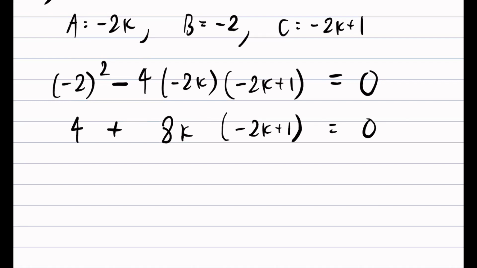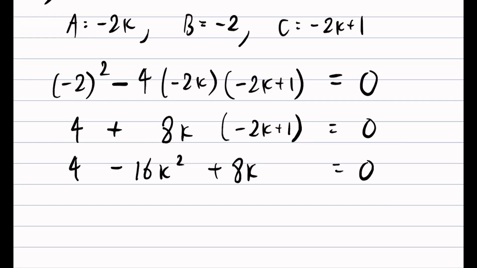Notice this time it is an equation. I think you know how to solve this kind of question. Quite easy, a quadratic equation, not an inequality, nothing new. So 4 plus 8k times minus 2k, you get negative 16k squared. Then 8k times positive 1 gives plus 8k equals 0.